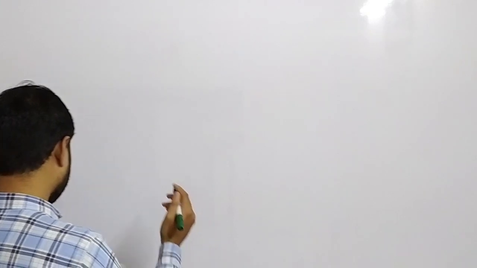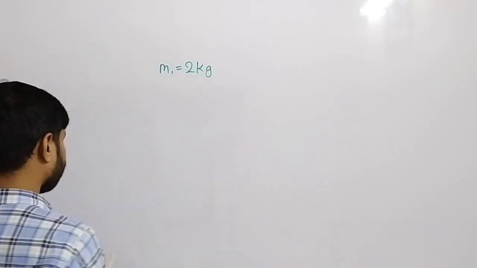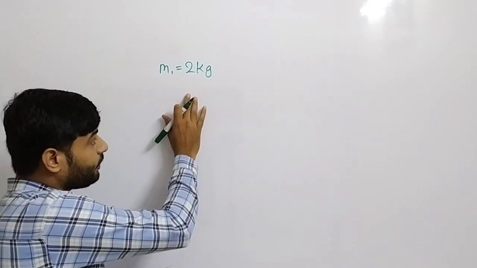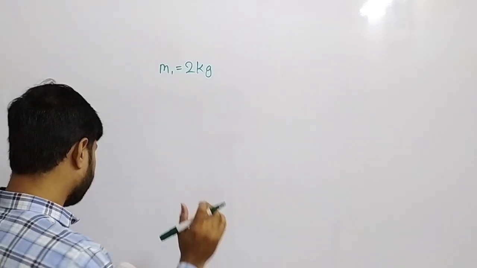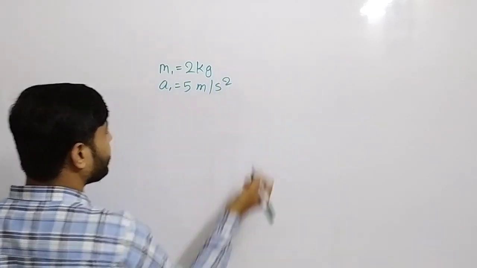Which would require greater force: accelerating 2 kg of mass at 5 meter per second square, or 4 kg of mass at 2 meter per second square? So in this case we have to find force. Force for what? We have two cases here. First is a mass of 2 kg, and we want an acceleration of 5 meter per second square.